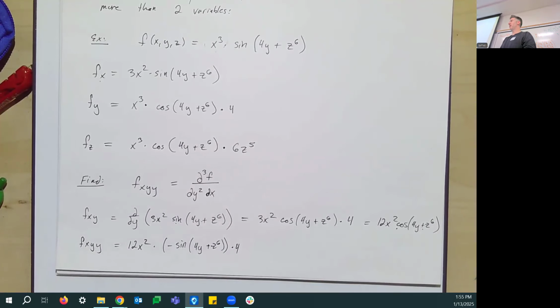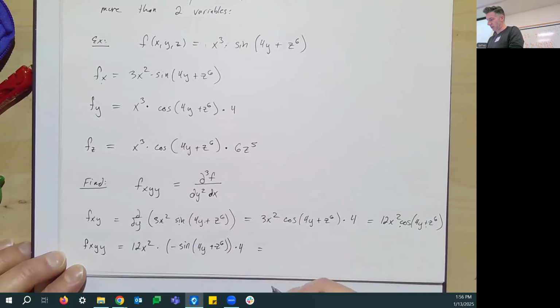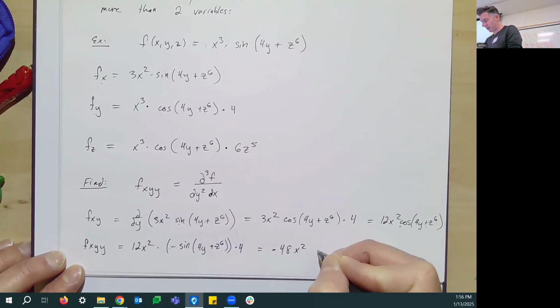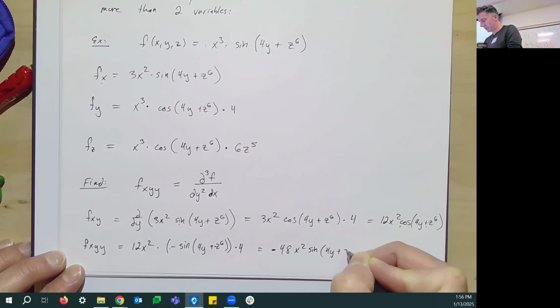I happen to make a smart choice here where things didn't get too complicated too fast. So if I simplify this, negative 12 times 4 is negative 48x² times sine of 4y plus z to the 6th.